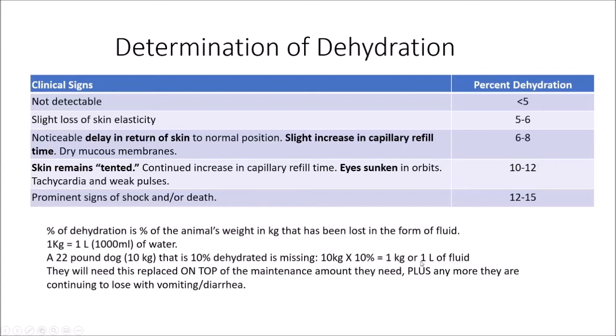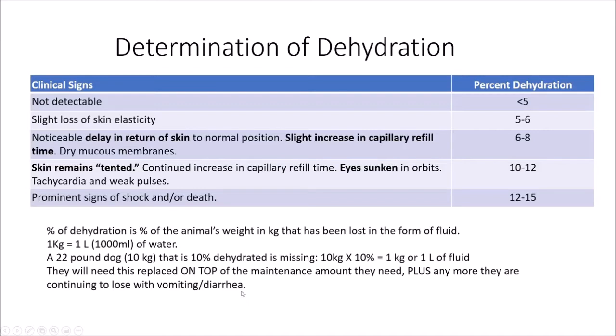So we're already replacing this. Today, we need to get that animal 1.5 bags of fluids, 1,500 mils of fluids, and then if they're losing more, if he's continuing to have vomit and diarrhea, we need to add to that.